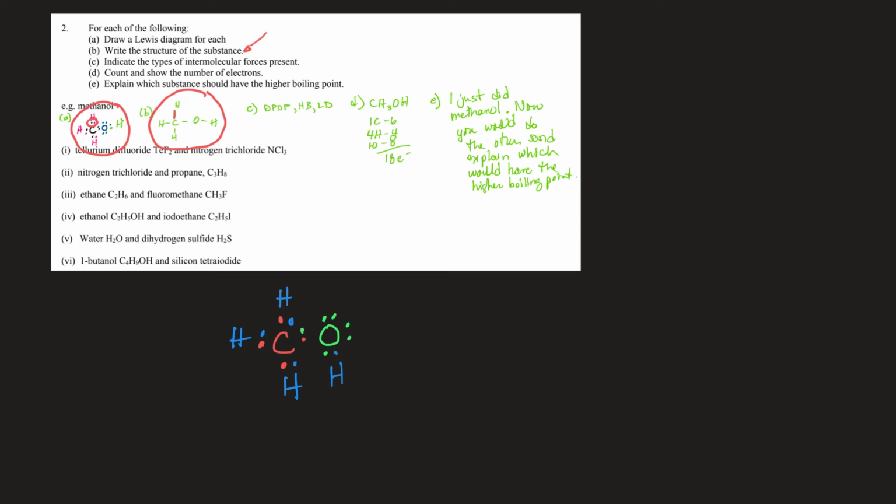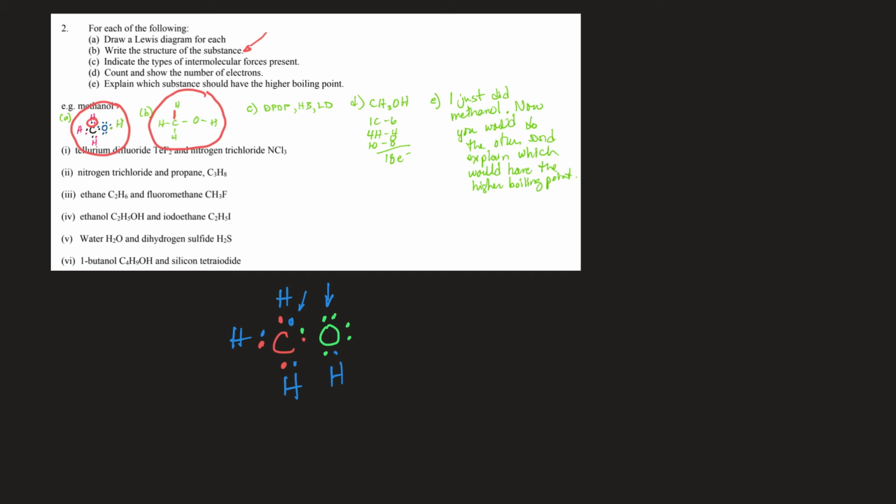Now, to figure out which intermolecular forces it has, let's start with dipole-dipole forces. Dipole-dipole is where one part of the molecule is pulling the electrons harder than the other. You can look up on your periodic table to see what the electronegativity is. If you compare the electronegativity of oxygen and carbon, they're different.